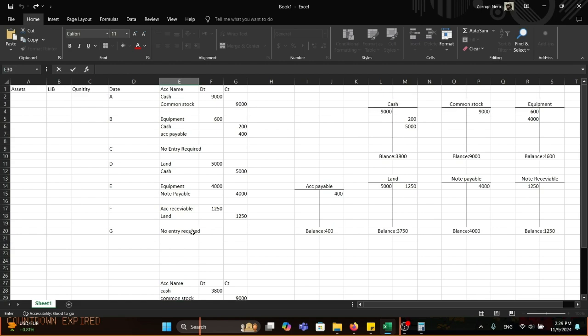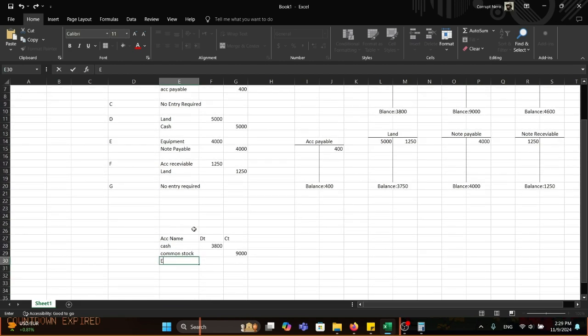And after that, we have equipment, which is 4,600. And after that, we have account payable. Account payable is 400 on the credit side.